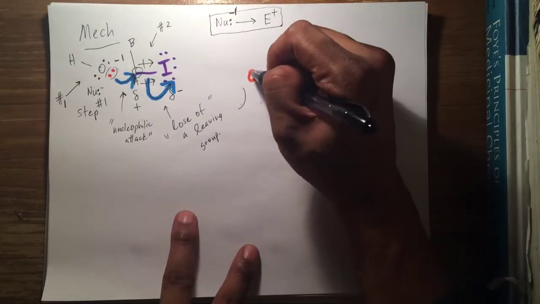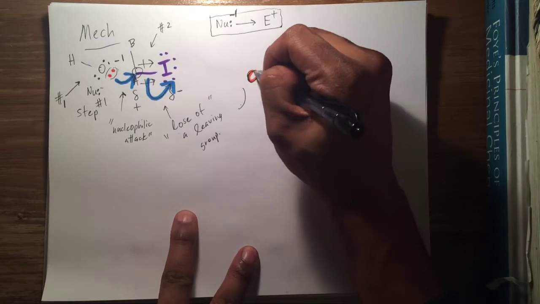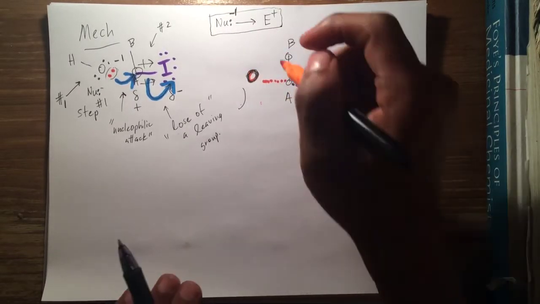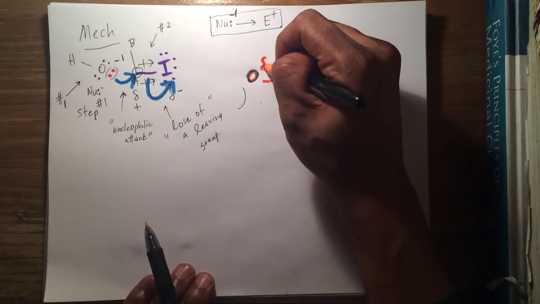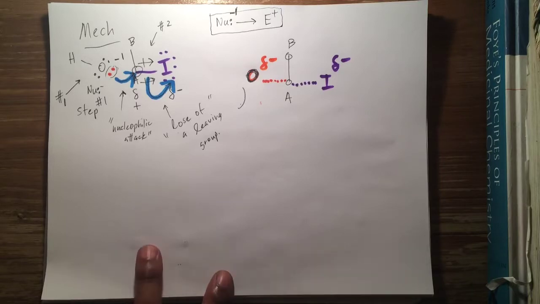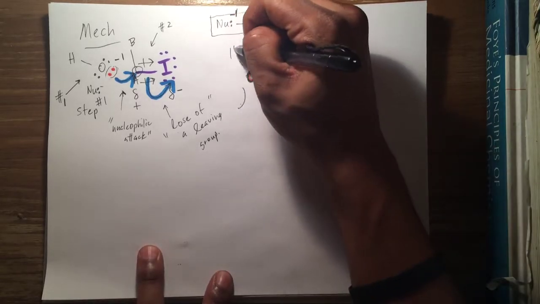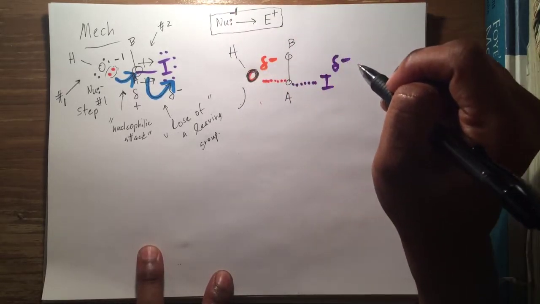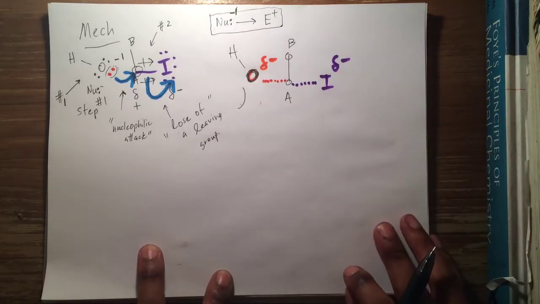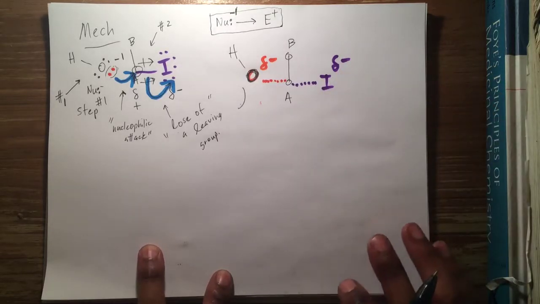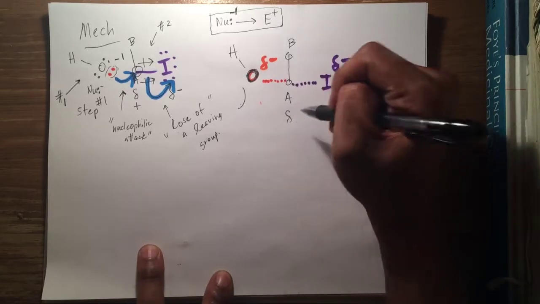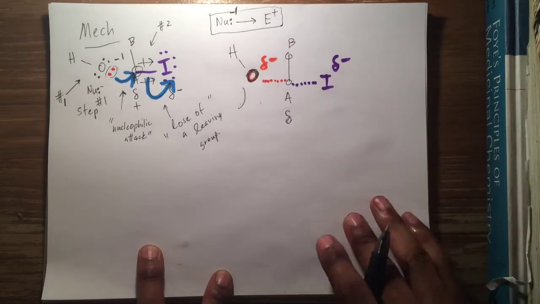The oxygen is going to have a partial negative charge. Okay, so the hydrogen is there. Now that's A. Everything's in order. So I guess this A carbon is going to have some partial charge associated with it.